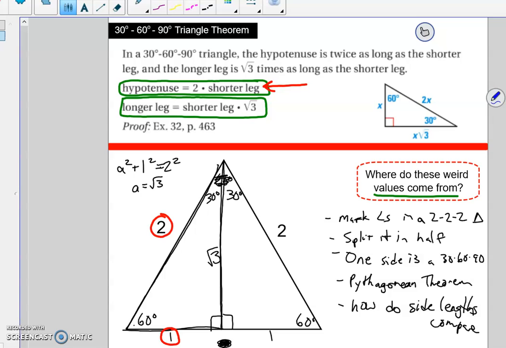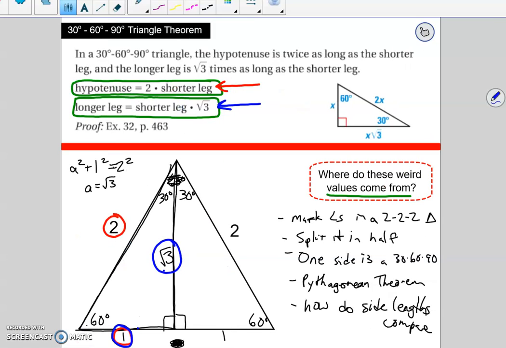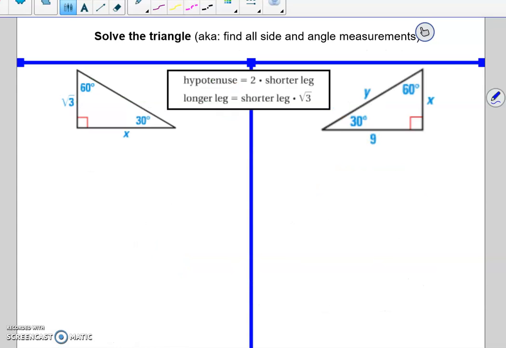Or if I compare the longer leg, which is square root of 3, to the shorter leg, well, isn't that the same as the shorter leg times the square root of 3? That's where we're getting that. So both of those equations are going to hold true as long as we're dealing with a 30, 60, 90 degree triangle. And so let's do a little bit of practice on the last page of your notes having to do with that, and you'll notice I've listed not just one, but since we've got two, we might be using one or both of these depending on what we're trying to solve.